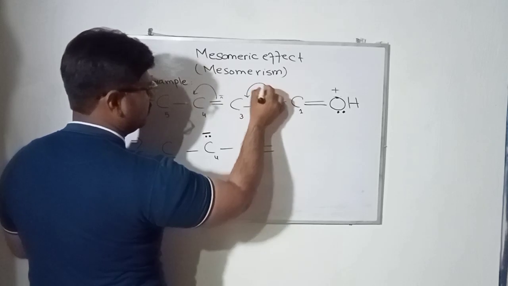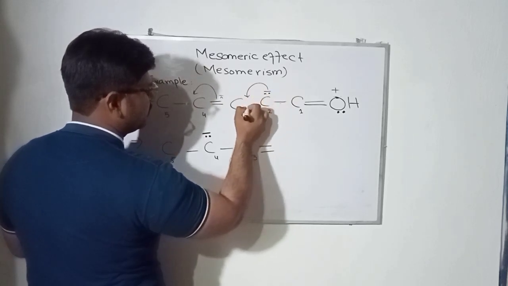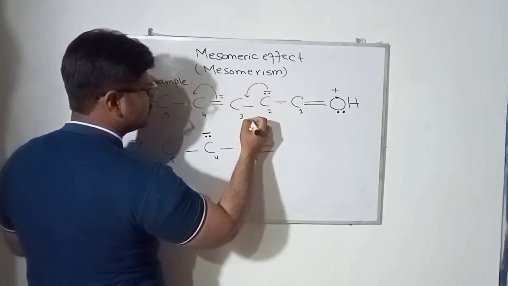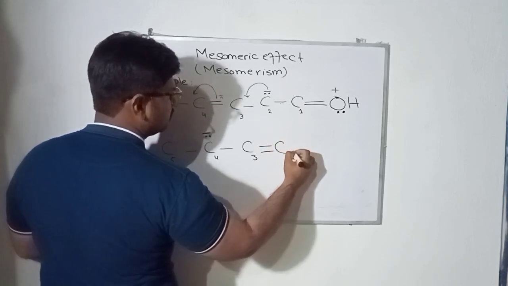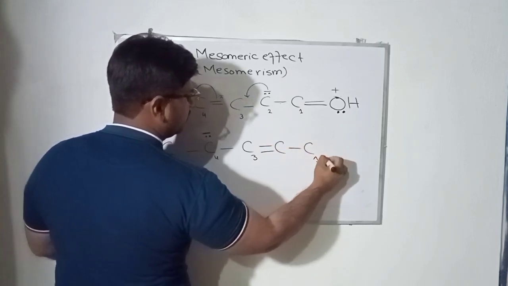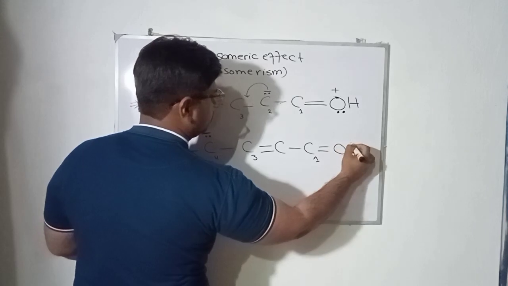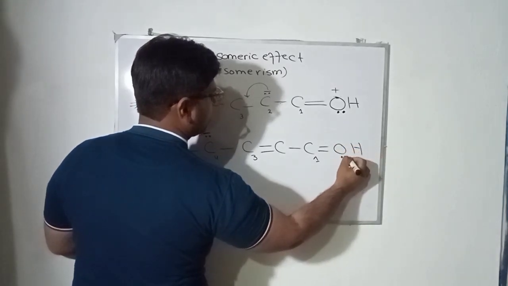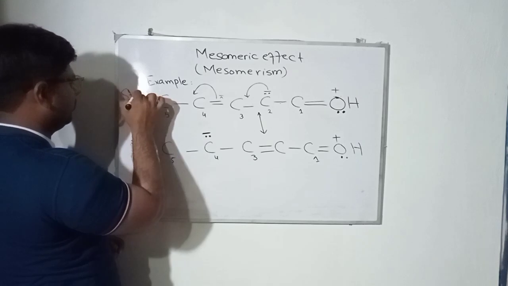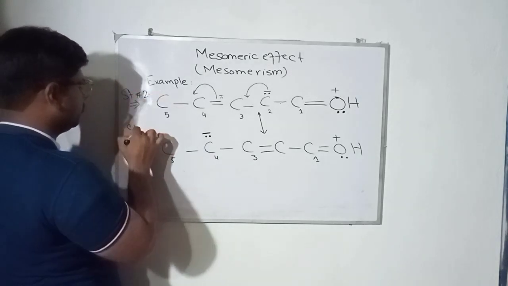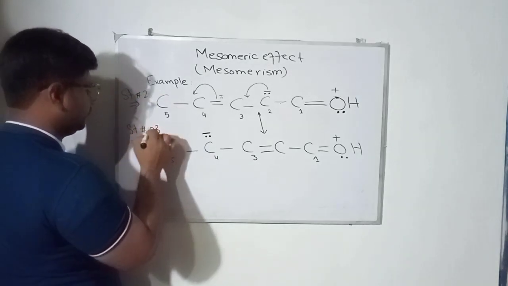Remember, here we have delocalization of electron in between these two carbons, so it will acquire double bond, and the remaining structure will remain the same. We get our structure number 2 and structure number 3.